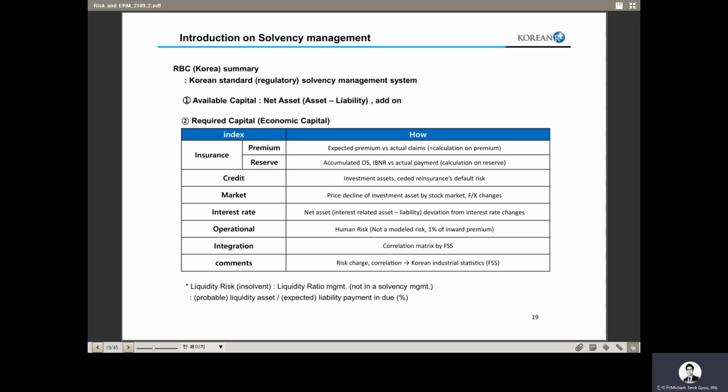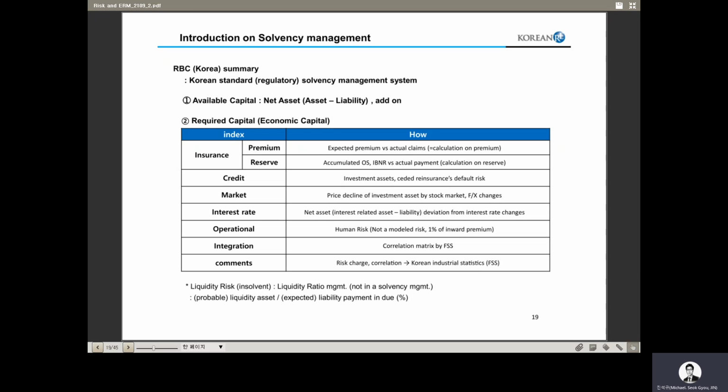For the operational risk, it measures human risk. It's a narrowly modeled risk, so in Korea we use 1% of inward premium as the operational risk. For the integration, we are using correlation matrices given by FSS, our regulator.